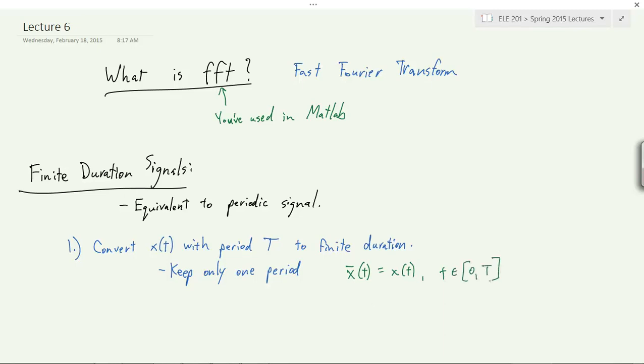Okay? If it's discrete time, same thing. You just make it equal to x of n for one period. So here's n in the set 0, 1, up to N minus 1. So one period of it.